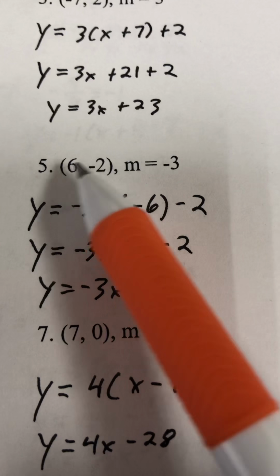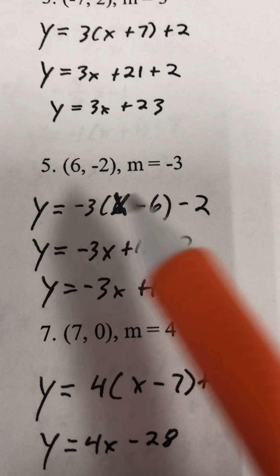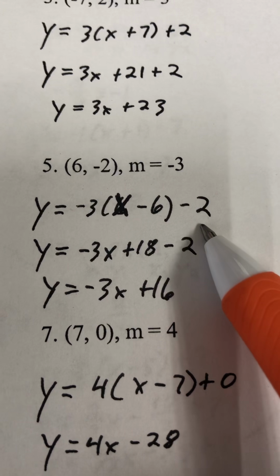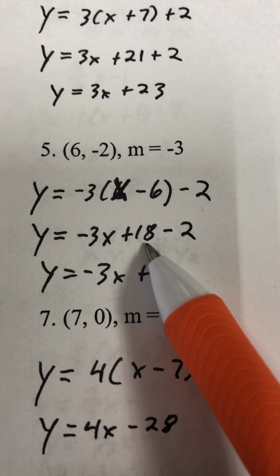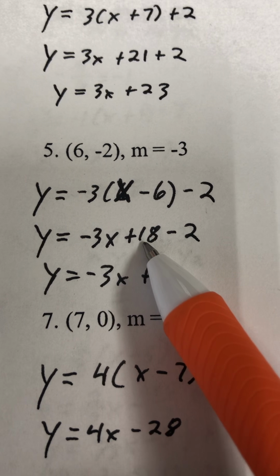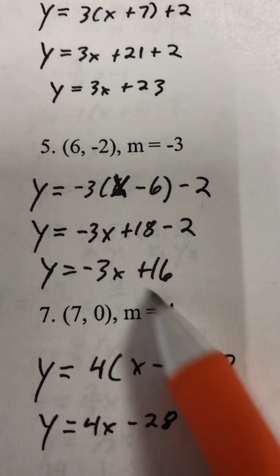Here is my x1, my y1. Here's my slope. I put in my slope, I put in my x1, I put in my y1. I use the distributive property. Negative 3 times a negative 6 is a positive 18. That's why it becomes positive. Combine my like terms. I'm all good.